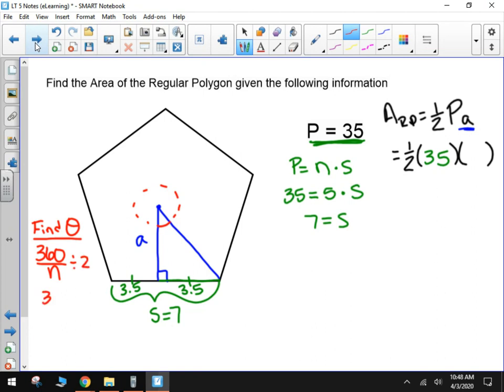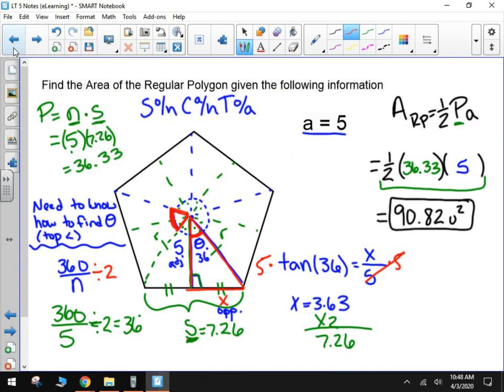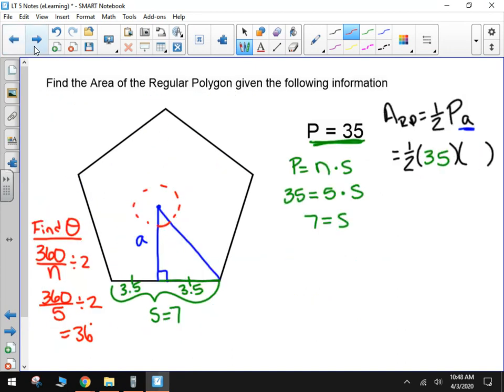So I'm going to take 360 divided by the number of sides, which is 5, divide by 2, and I get 36. Exactly the same as I got last time because they are both pentagons. So you know in a pentagon, that theta, this piece here, is always going to be 36 degrees. Always.